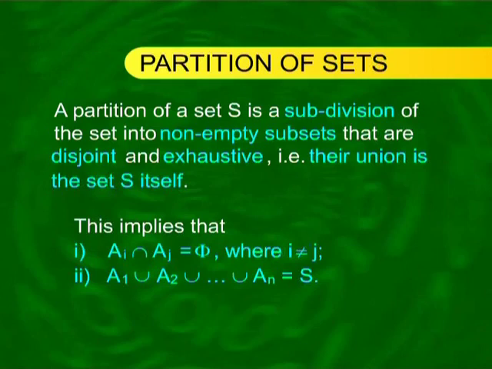This implies that Ai intersection Aj is equal to phi, where i is unequal to j, and A1 union A2 union A3 and so on up to An is equal to S.